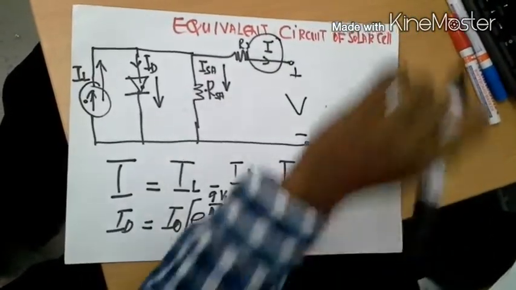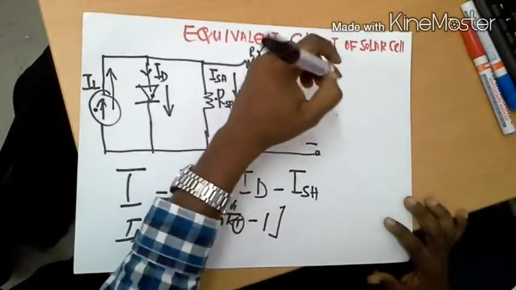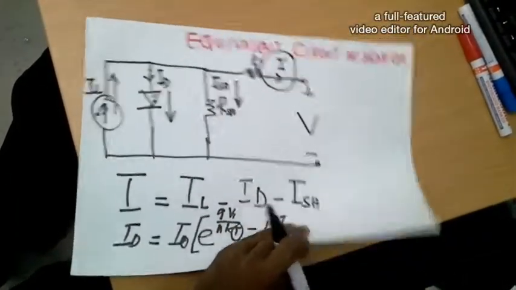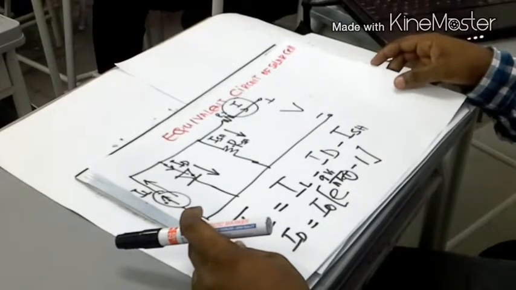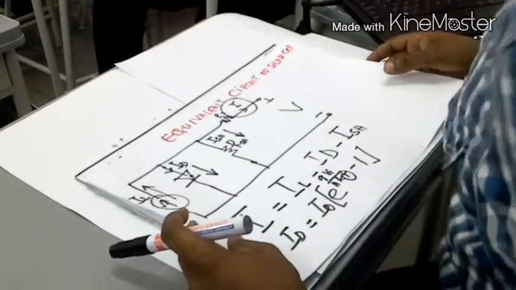Now we consider the case of the open circuit voltage and short circuit current.